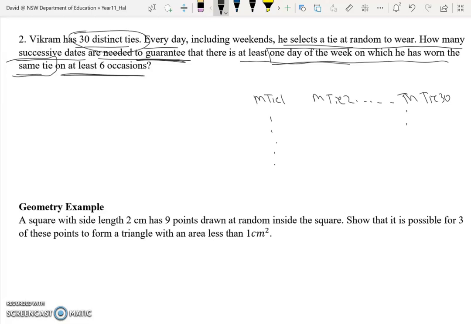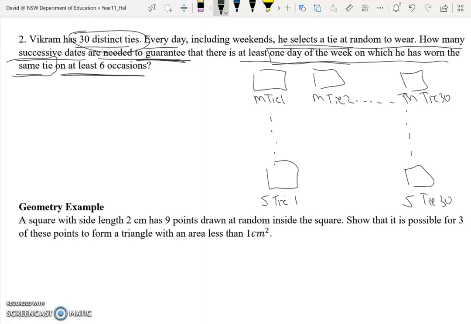We could keep going down, down, down. And we could form a box here, and we could have Friday, we could be wearing tie 30, Friday, not Friday, last day of the week would be Sunday. Sunday, tie 30, etc., etc. And we're going to imagine all these as boxes. And what we want is to be certain that there will be a 6 in one of these boxes.